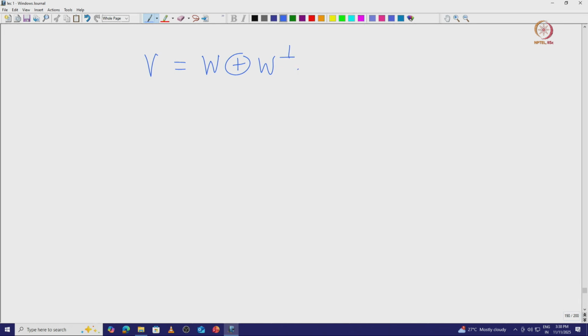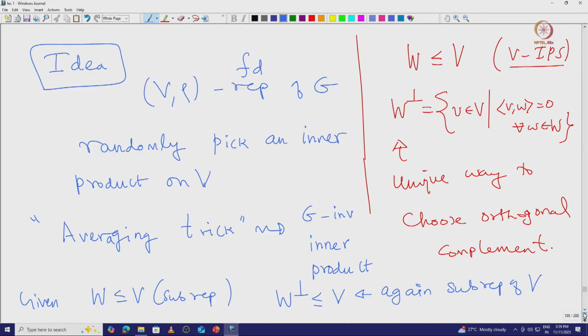Now in order to prove complete reducibility, we need to make sure that V is completely reduced into a direct sum of irreducible representations. For that we can use the idea that we explored before.